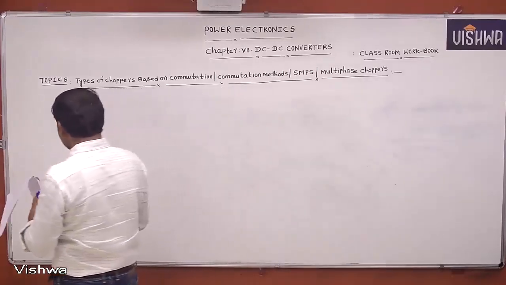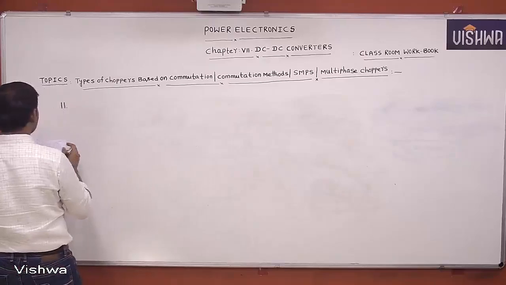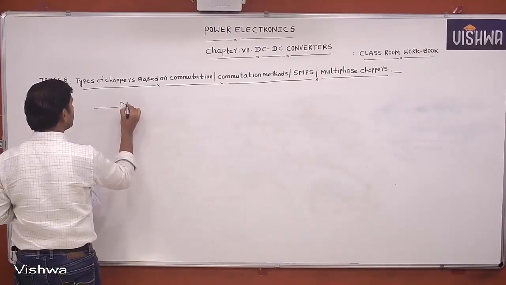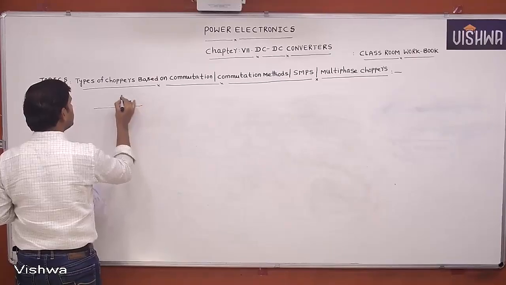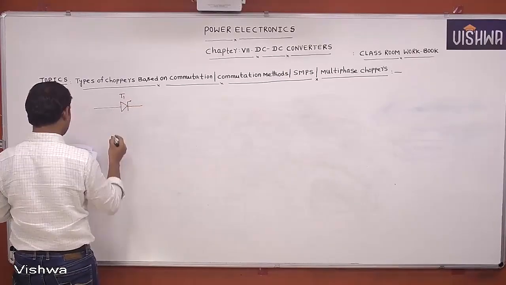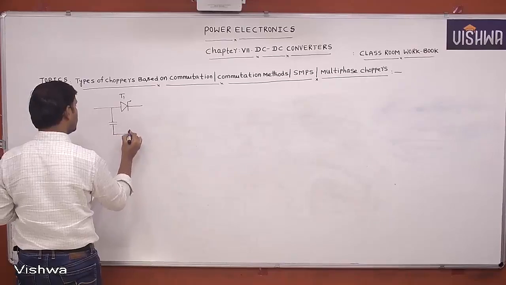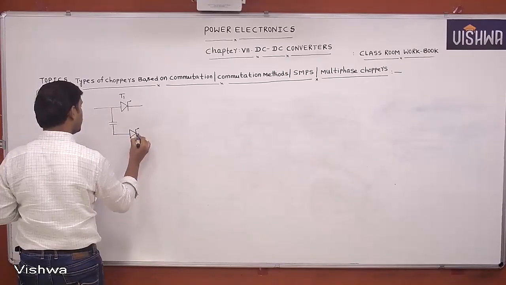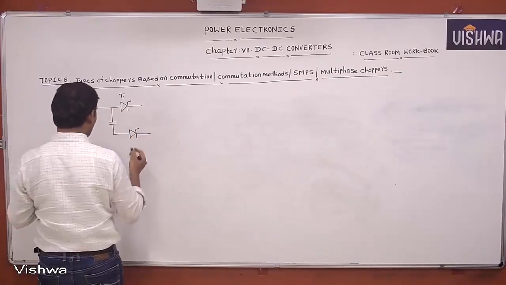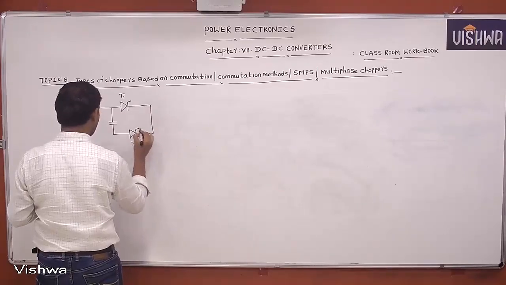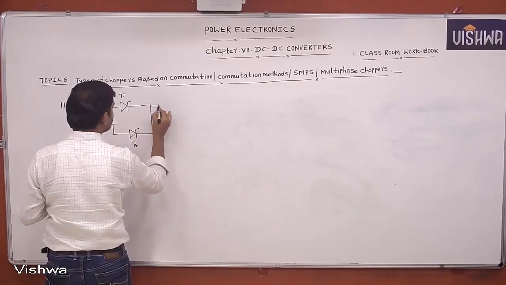Okay, this is the given circuit. This is T1 thyristor. This is T2 auxiliary thyristor. This is the resistance.